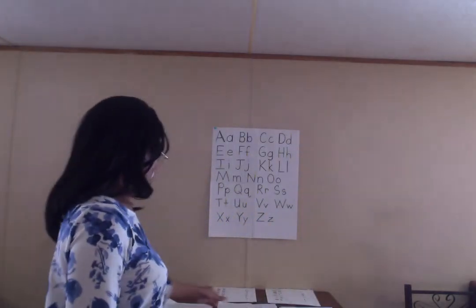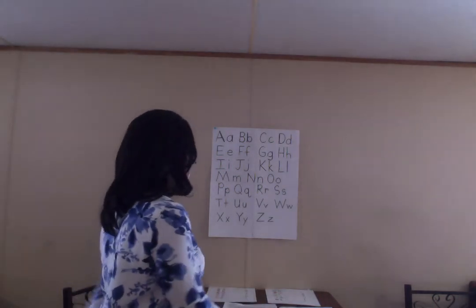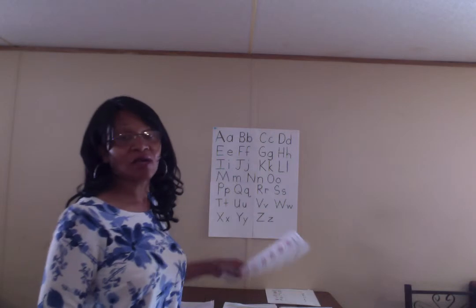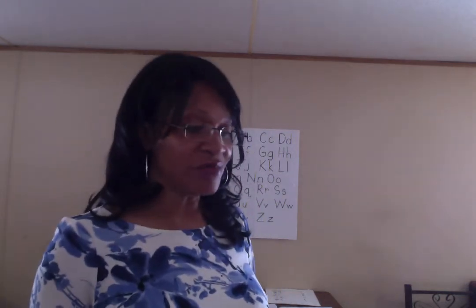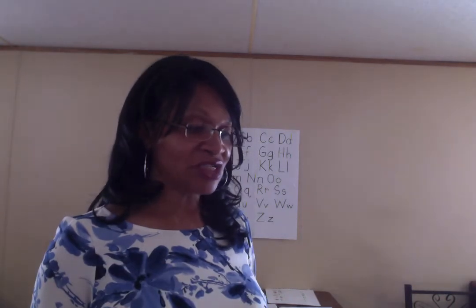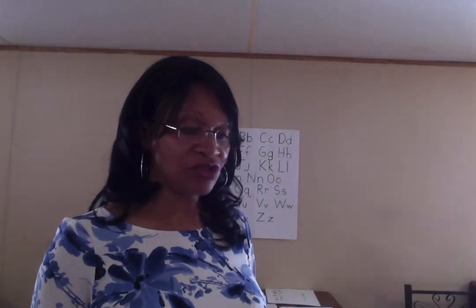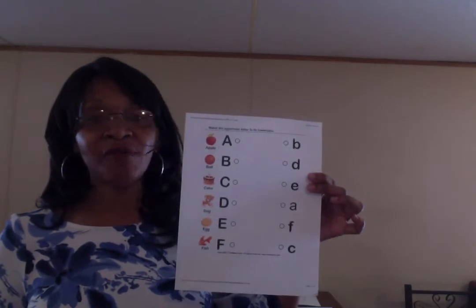All right, so now I'm going to let you do an independent practice. I'm going to give you a worksheet. The worksheet consists of matching the uppercase letter to its lowercase form, as well as matching each alphabet with the picture that begins with that alphabet. So all you have to do is draw a line from the uppercase alphabet to the lowercase for this particular activity.